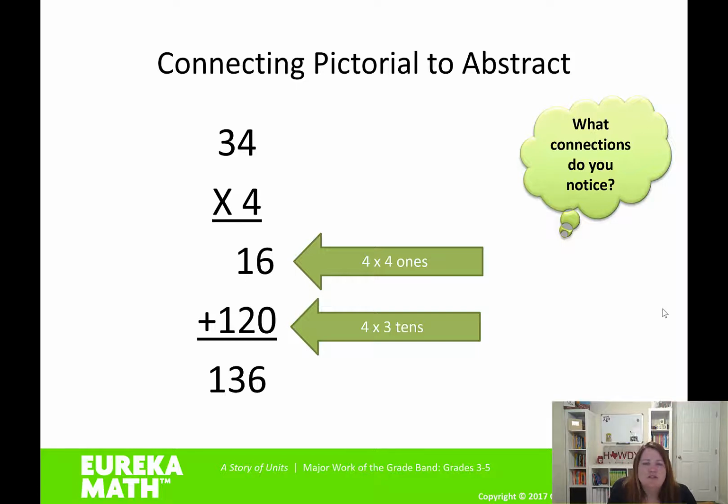No, students are really beginning to understand that regrouping is that bundling and regrouping over to another place value so that we can actually solve the multiplication and the product of those equal groups. And by seeing it in a concrete or pictorial representation, by the time they get to the abstract, it really starts to make sense.